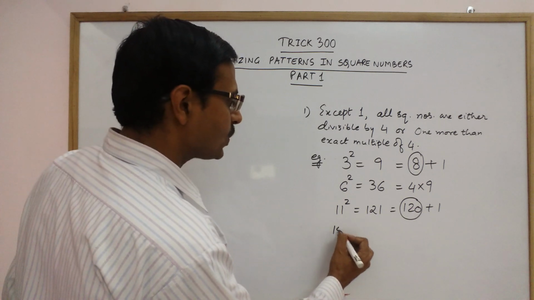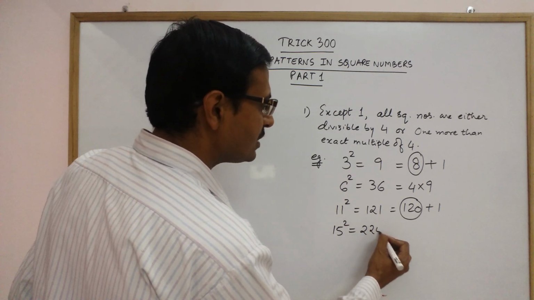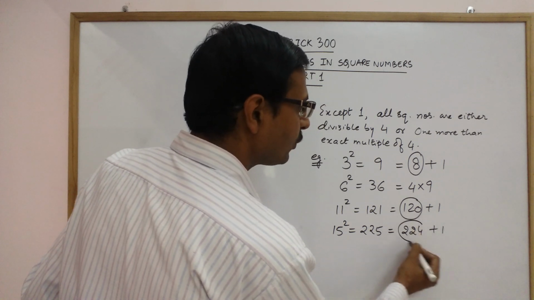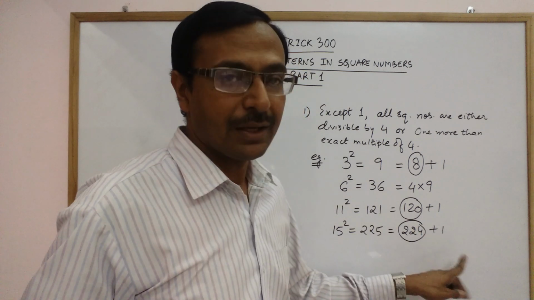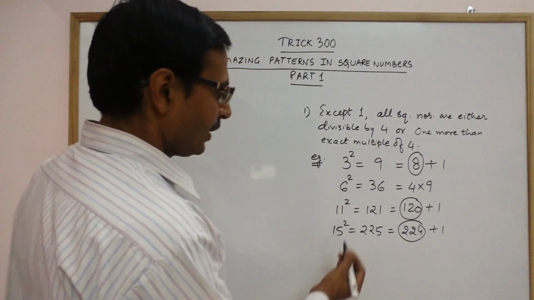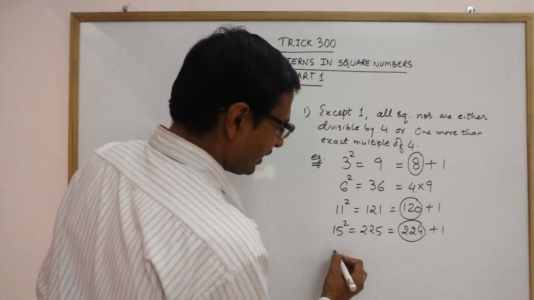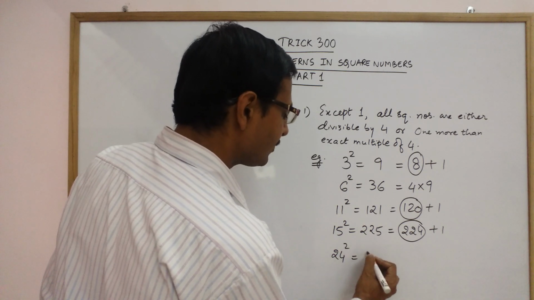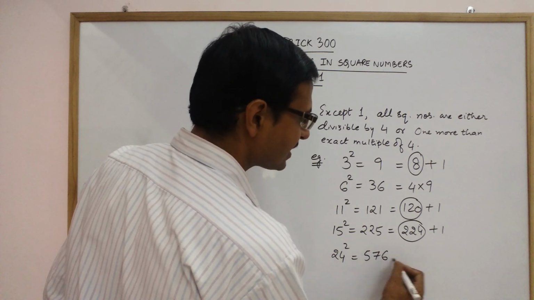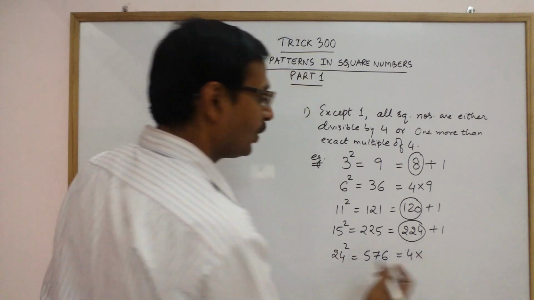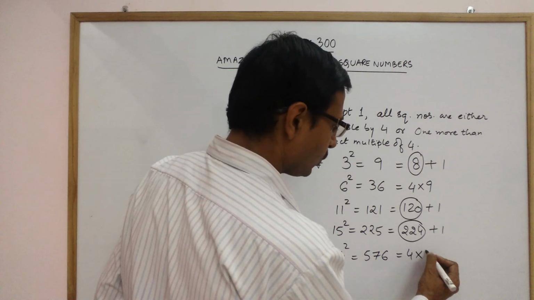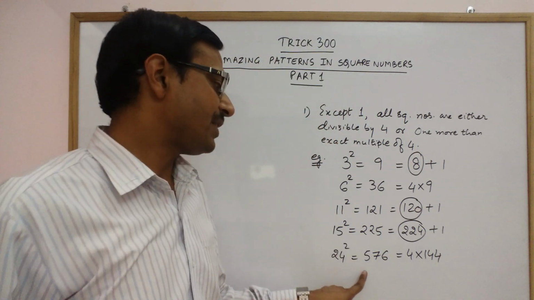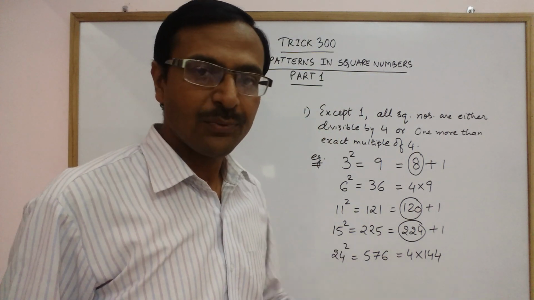See, we have an exact multiple of 4 and 1 added to that number. Say we have 15 square. 15 square is 225. It is 224 plus 1. Now 224 is divisible by 4 and again 1 is the remainder. Take two more examples. Say we have the square of 24. 24 square is 576. It is an exact multiple of 4. 576 is exactly divisible by 4.